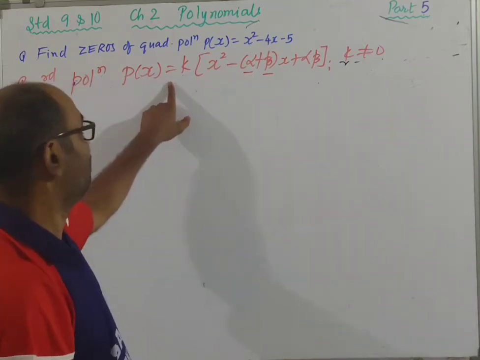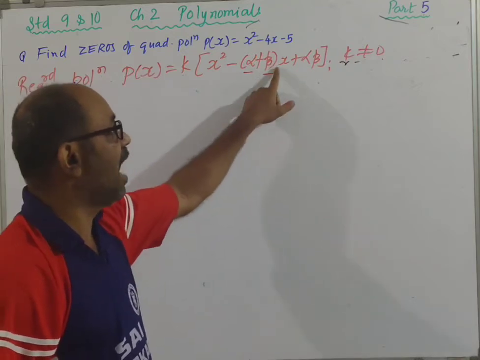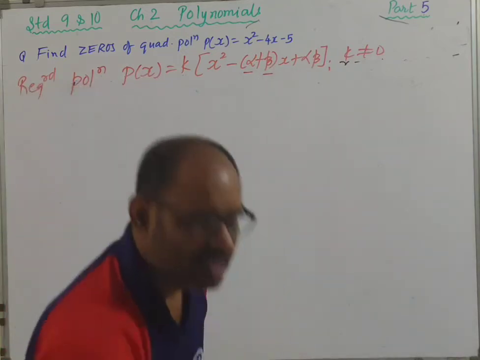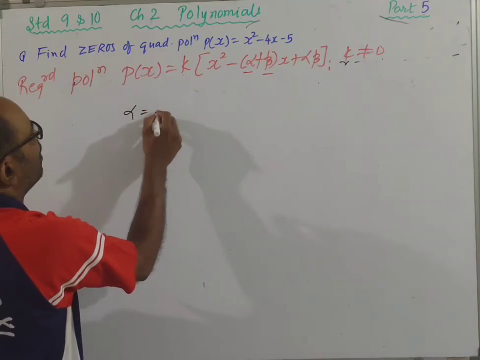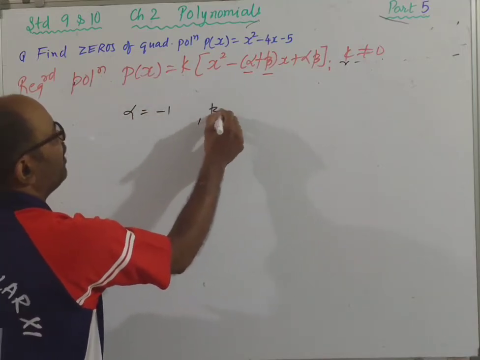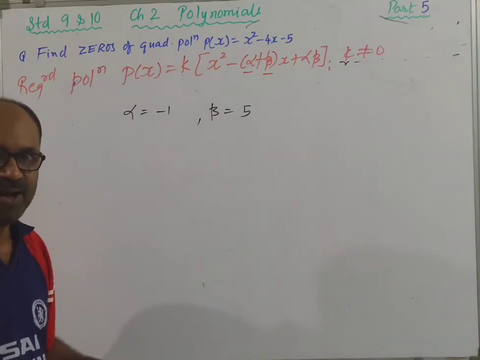Alright, so children, this is the standard form of a quadratic polynomial whose zeros are alpha and beta. Let's check. In the previous sum, alpha was minus 1 and beta was 5, if you remember. The two zeros were minus 1 and 5.